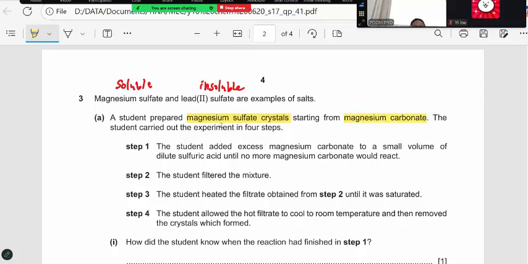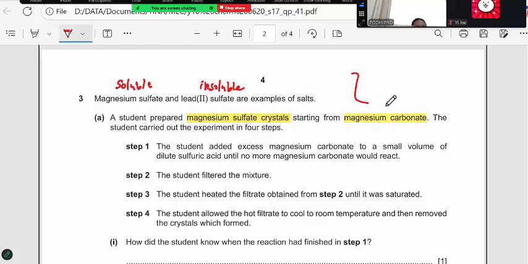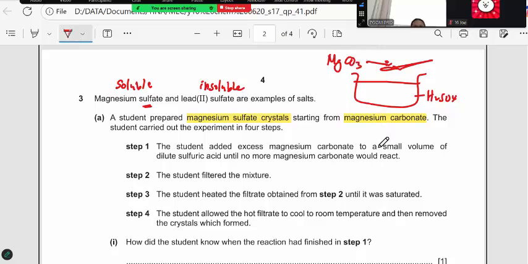So you make sulfate, so you use sulfuric acid. The student added an excess of magnesium carbonate to a small volume of dilute sulfuric acid until no more magnesium carbonate reacts, that means it's excess.